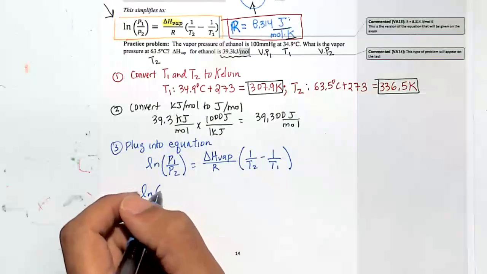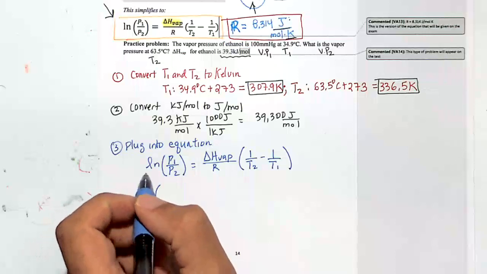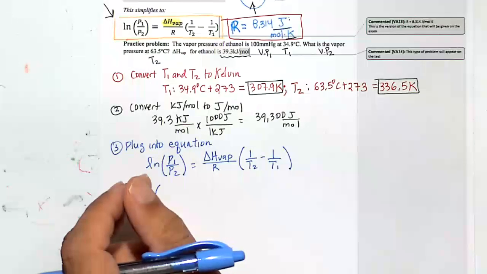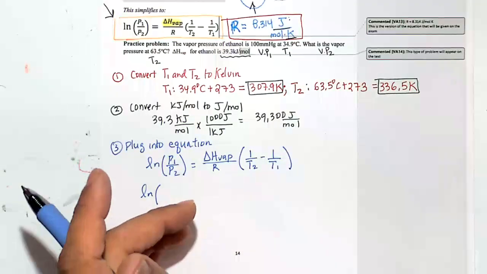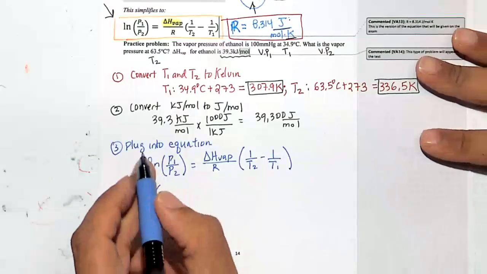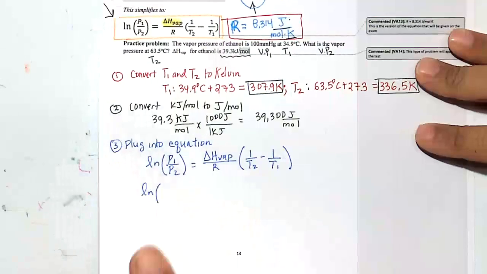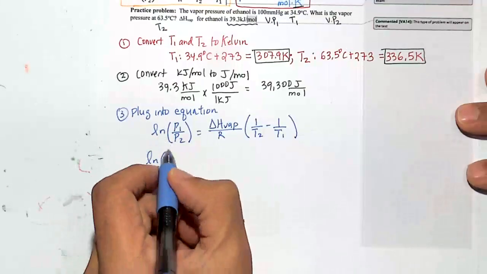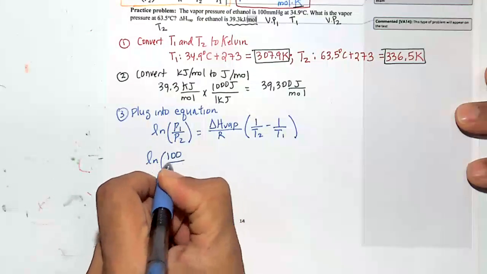So you don't put units; we will put the units at our final answer. Inside the natural log, do we put any units? No, you're just going to put in the number. Again, that's math, not chemistry. So P1 here, if you remember, is 100 millimeters of mercury. I'll just put in the 100.